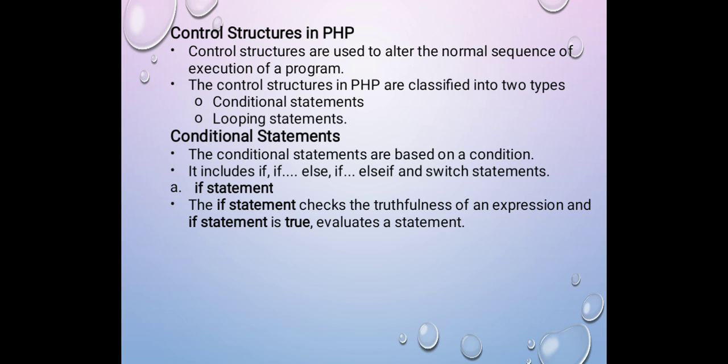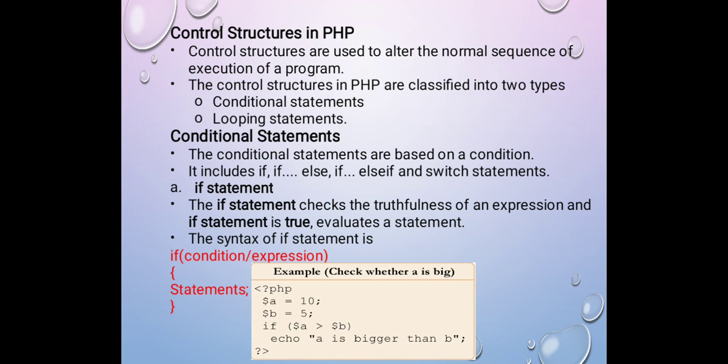The syntax is: if condition or expression, curly brace open, the statements or the code to be executed if the expression evaluates to true. And the example is: angle bracket open PHP, $a.